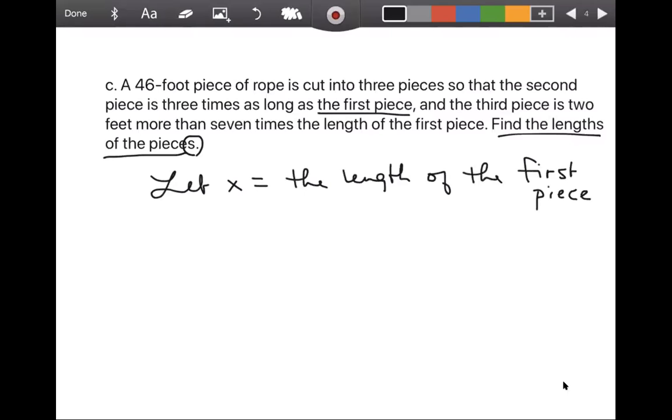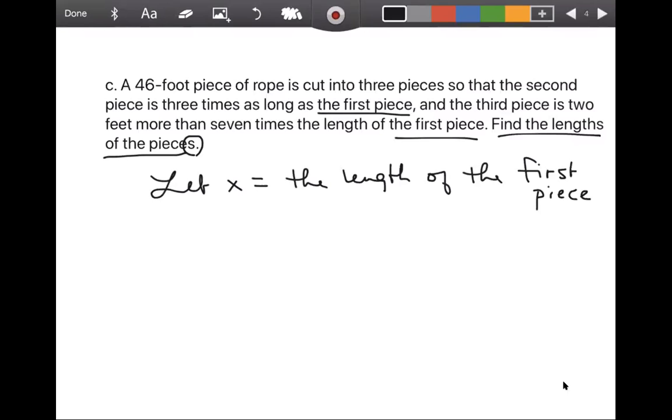The third piece is 2 feet more than 7 times the first piece. So the other 2 pieces are being compared to the first piece. So it should be pretty easy to write the lengths of the second and third pieces in terms of X.